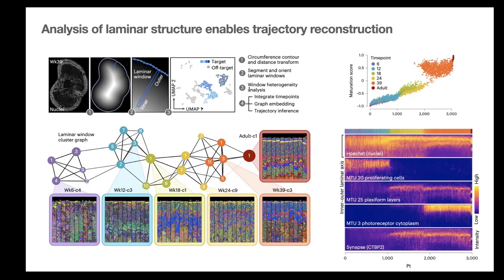Then along this axis, the inner-outer axis of the laminar windows, we read out the intensity profiles from all the protein stains we gathered. From this information, we are able to reconstruct pseudotime trajectories, falling back to diffusion map algorithms, for example. This allows us to reconstruct a trajectory which reflects the development of the system.